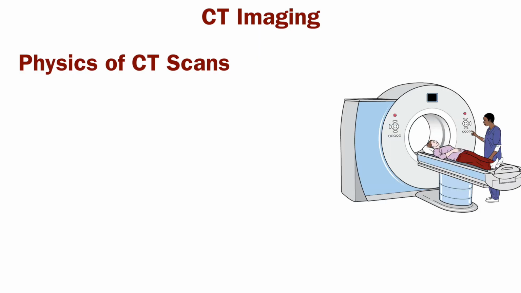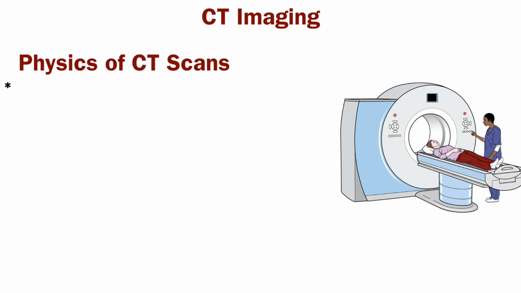Now we are analyzing the CT imaging, where we have discussed the physics of CT scan. Computed tomography, CT, uses X-ray beams to obtain 3D pixel intensity of the human body.